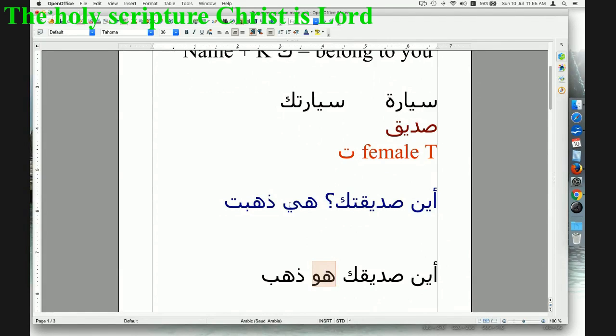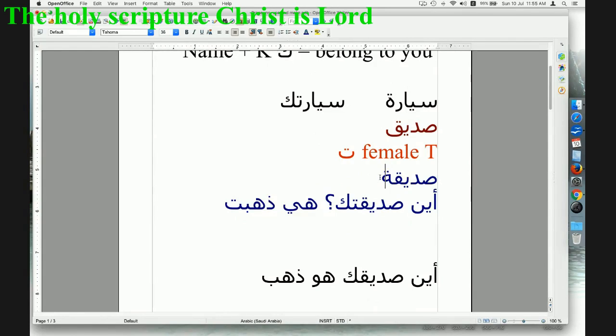How do we know that this is about a female here? We are using the word صديقة. صديق for a female always comes from the original word with the letter T at the end, which is the T of the female, as we said. So the second we see this T at the end of the word صديقة, that tells us this is about a female.